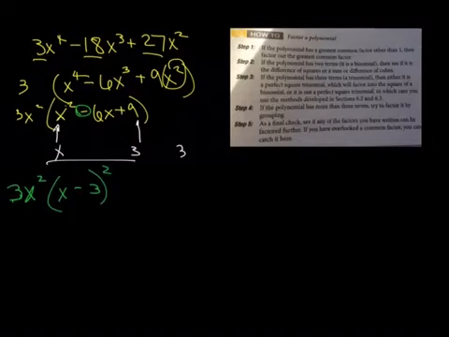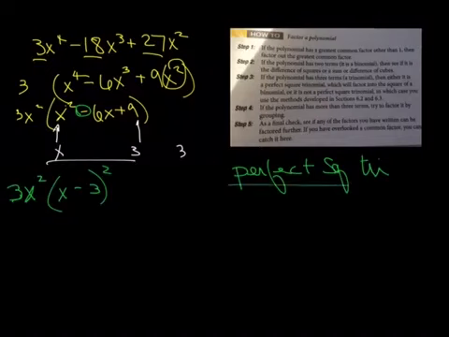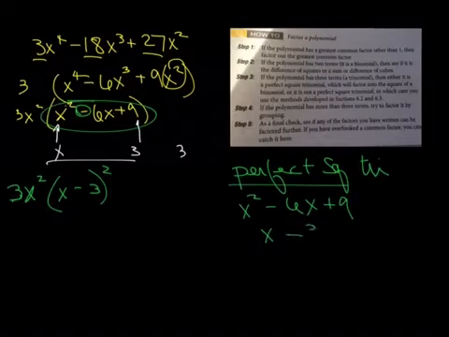And that's what I would suggest doing in your notes, is maybe put perfect square trinomial, and then give an example of doing a perfect square trinomial. Okay, so if I have x squared minus 6x plus 9, my answer is going to be x minus 3, the quantity squared.